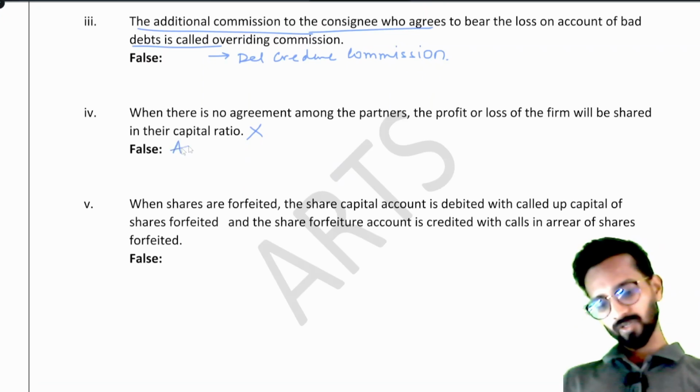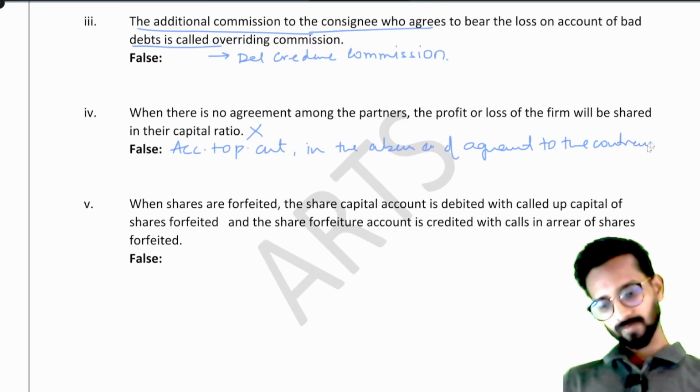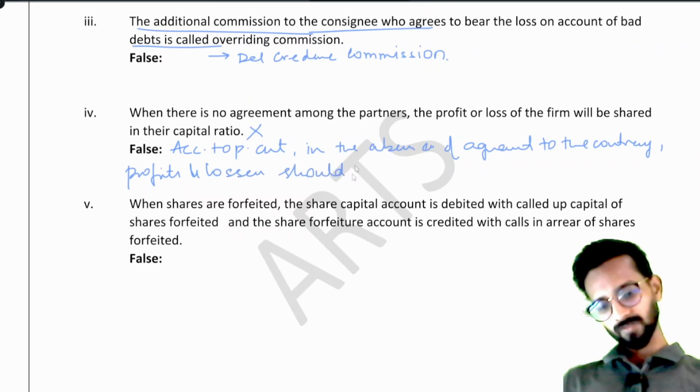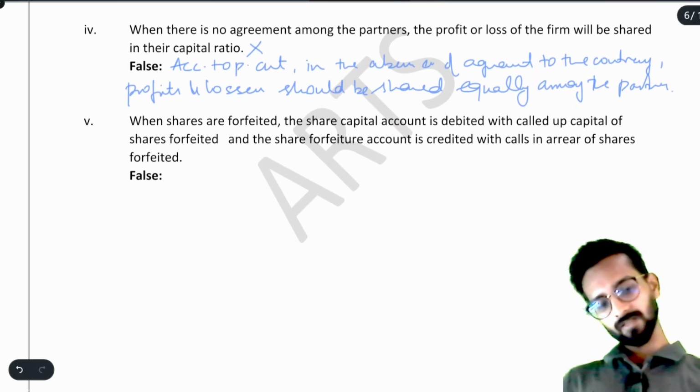We already know that according to the Partnership Act, if there is no agreement to the contrary, profits and losses should be shared equally among the partners. Simple.